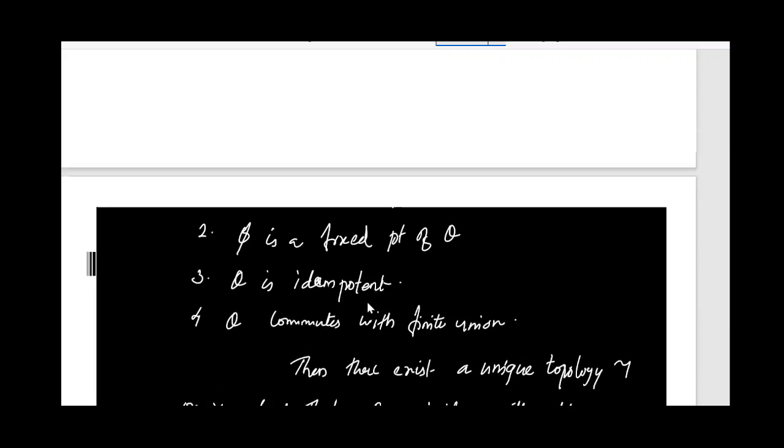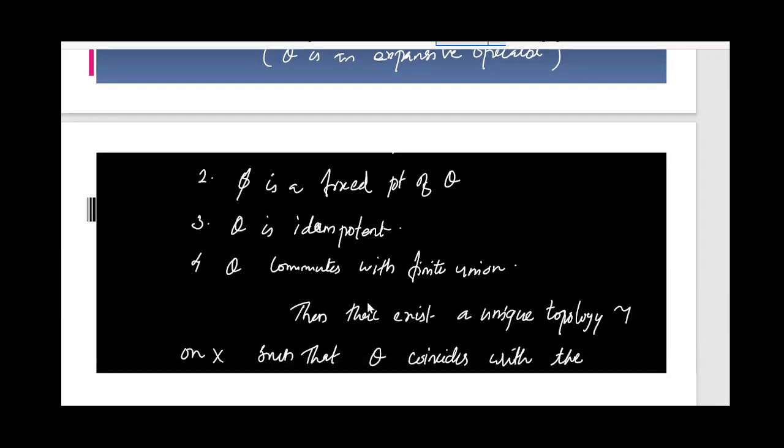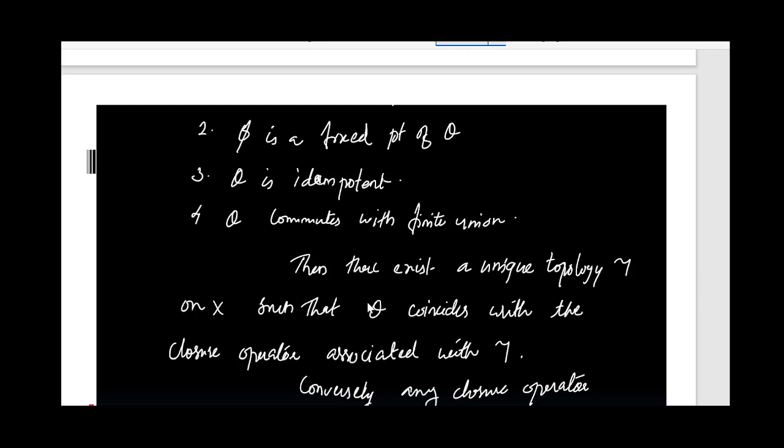That is, first, theta is expansive, then the fixed point of theta is the empty set, theta is idempotent, and theta commutes with finite union. Then this theta coincides with the closure operator of a unique topology on that set.